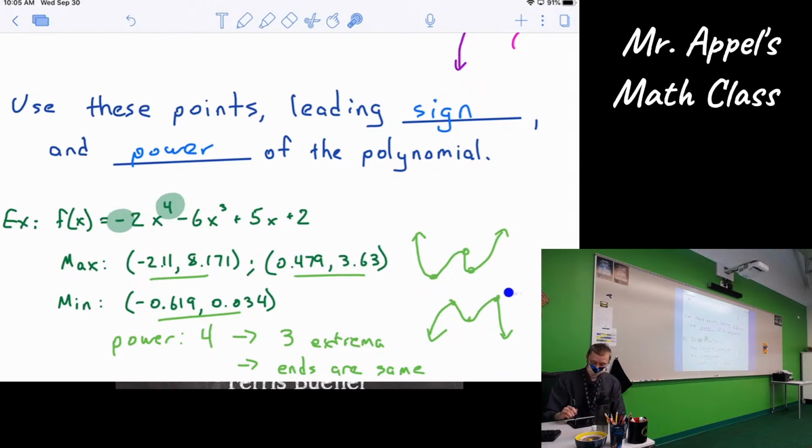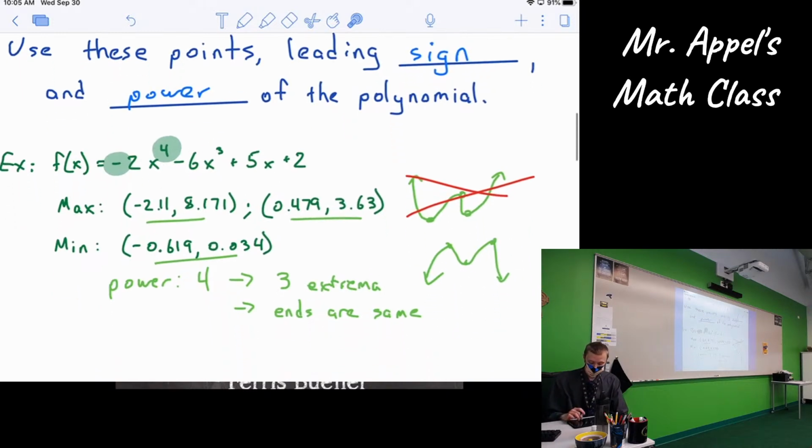So on this side, the positive x-axis, it will be negative. So we're looking at the second option. This is approximately what our graph is going to look like, some variation of m there.